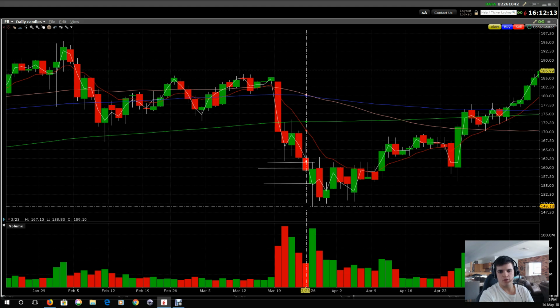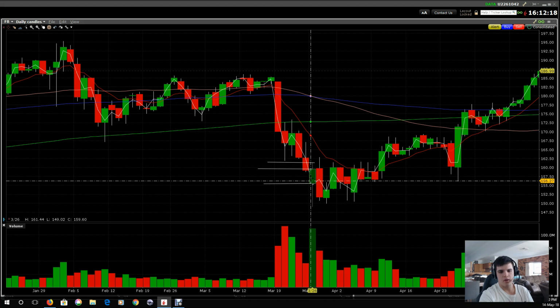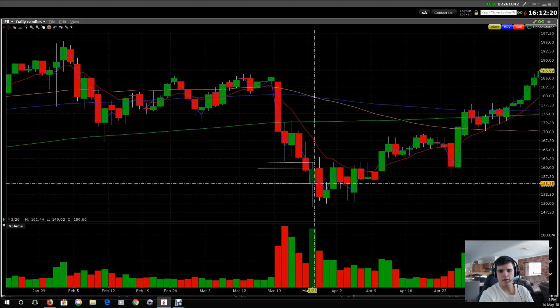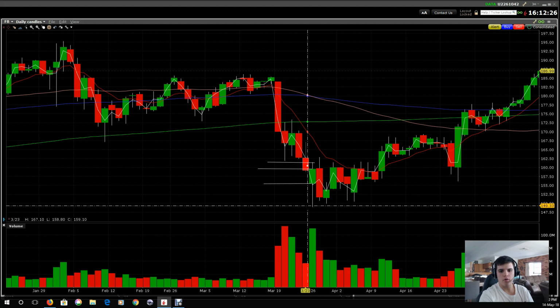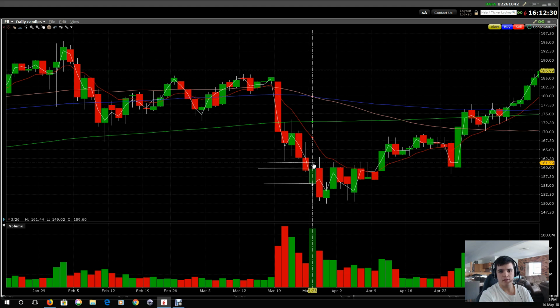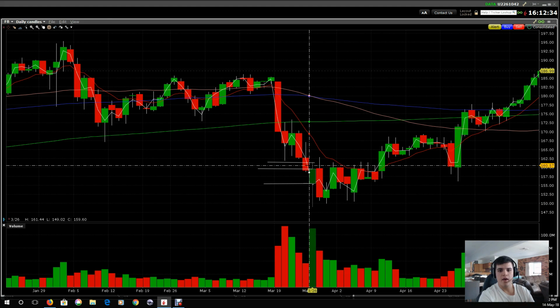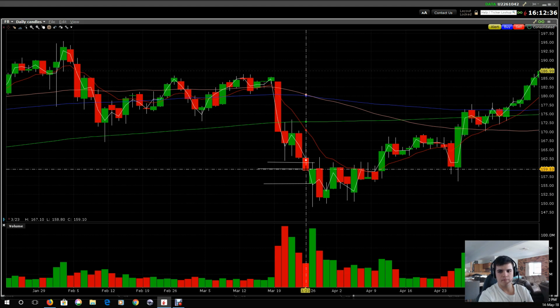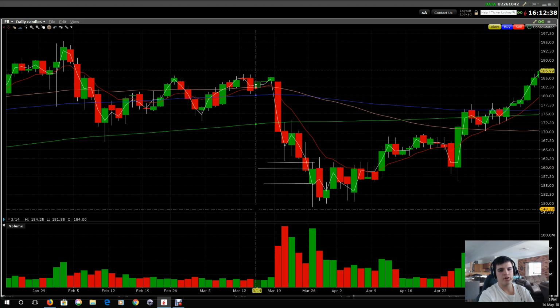So the lowest the stock was on the day was $149.02. So basically the stock opened at the bottom of the green rectangle. Throughout the day, at some point it got as low as $149, and it got as high as the top of the wick here at $161.21, but it ended up closing at this $159.60 area.